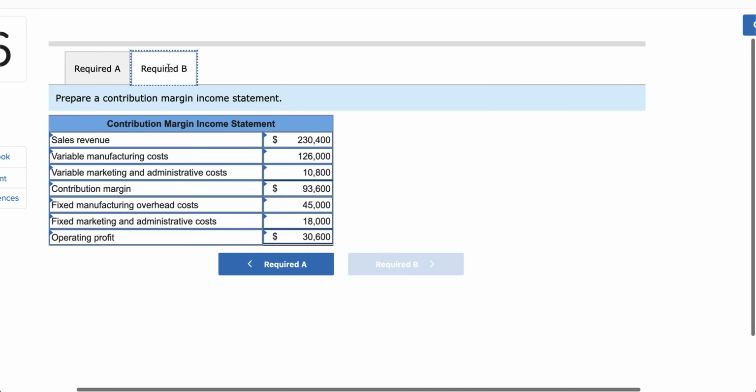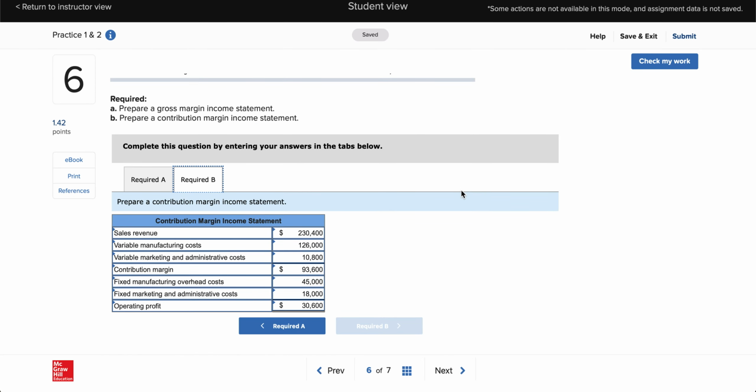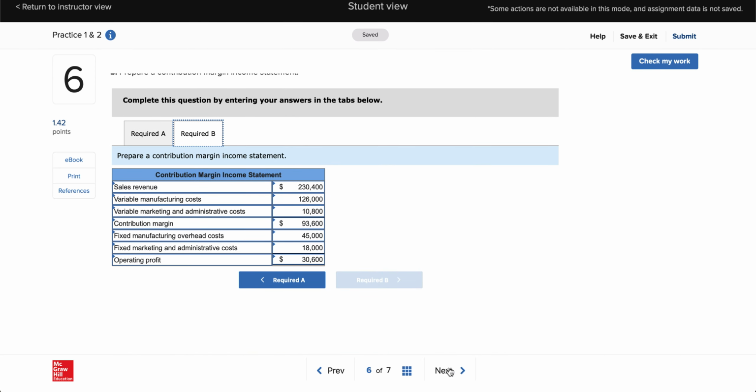However, when we are dealing with internal decision making, what we are really doing in many cases by pulling all of the fixed cost here is taking and only including relevant cost in the top section here. A lot of times the costs that you find here, especially for fixed manufacturing, are sunk cost, and we don't want to consider those in our decision making. So it's just easier to have it separated already in the contribution margin income statement format. And that's it for question 6.